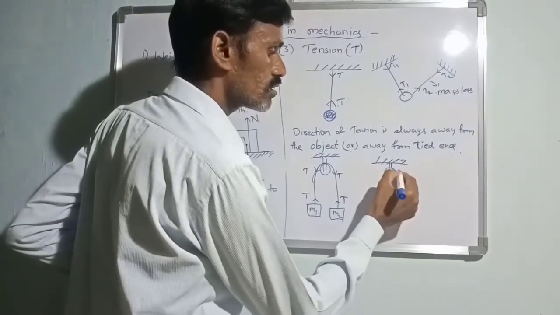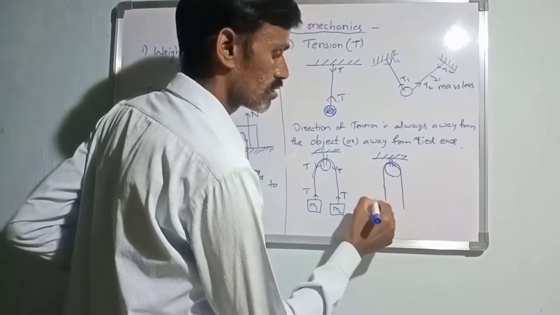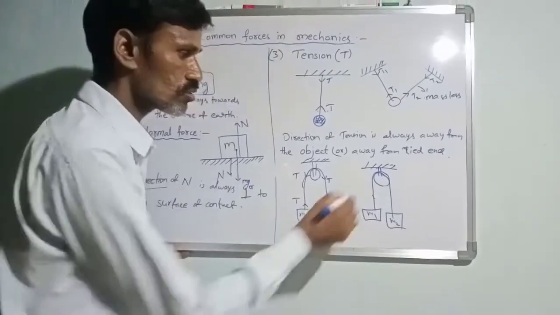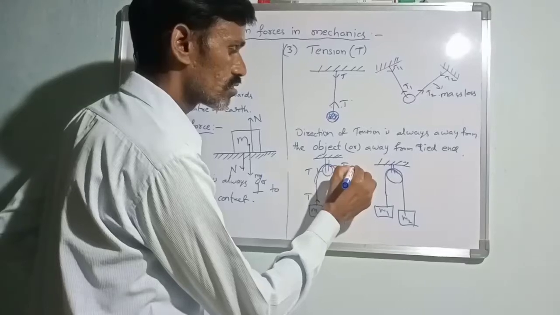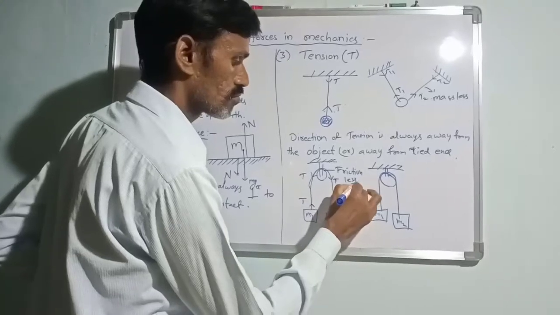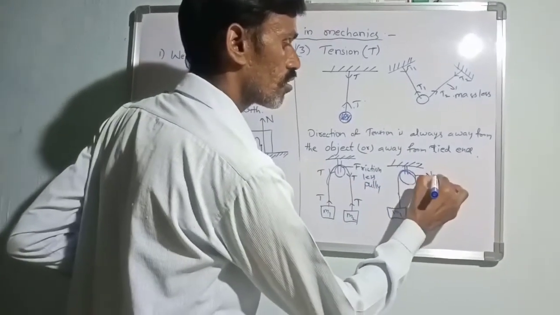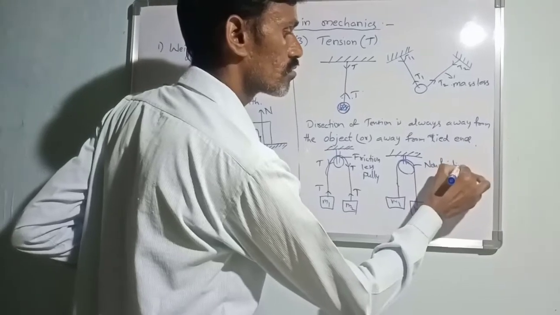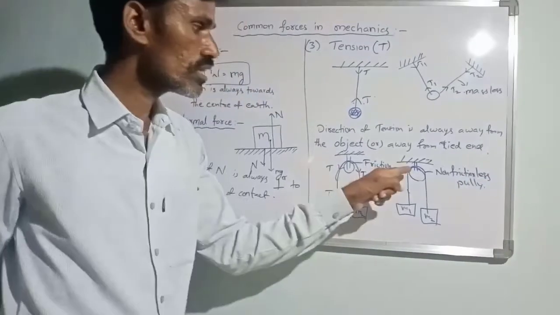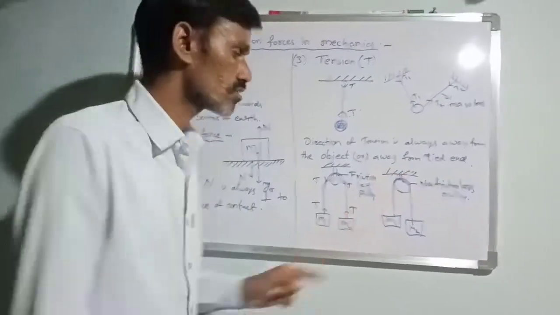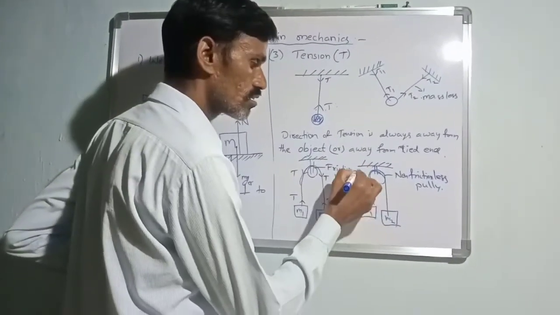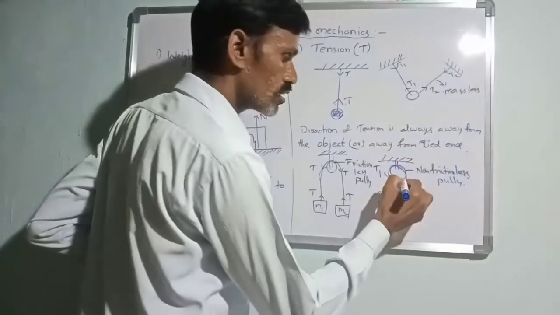But if the pulley is not frictionless, so this is frictionless and this is non-frictionless pulley, here some friction is present, so that's why the tension on this side of the string is T1 and the tension in the string on the other side of the pulley is T2.